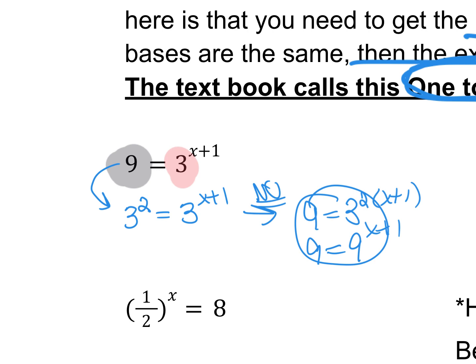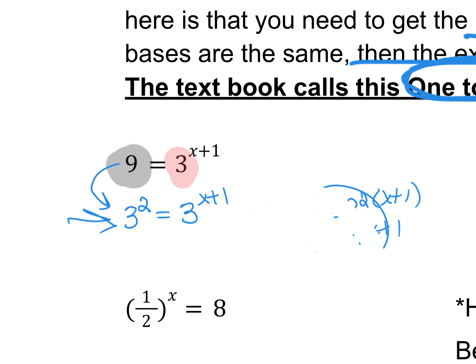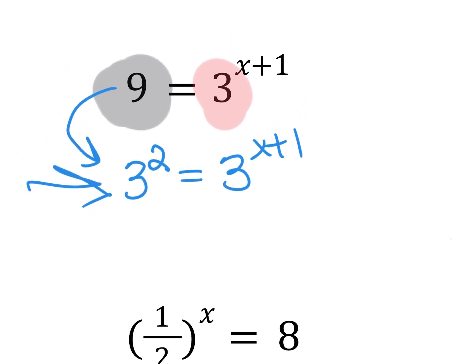But in this case, the way I have it written here has not changed at all. 3 squared is still 9. 3 to the x plus 1 is still 3 to the x plus 1. So we don't want to start trying to change too many things in there. The equation is still written with the exact same numbers. It's just that we manipulated it a little bit so that we can do what we want to do.